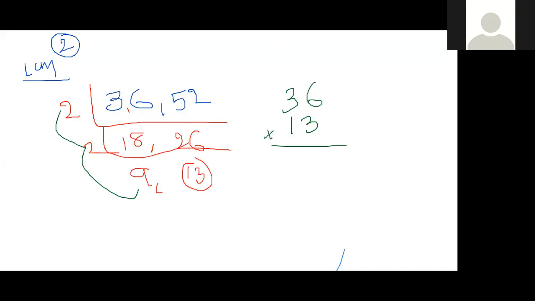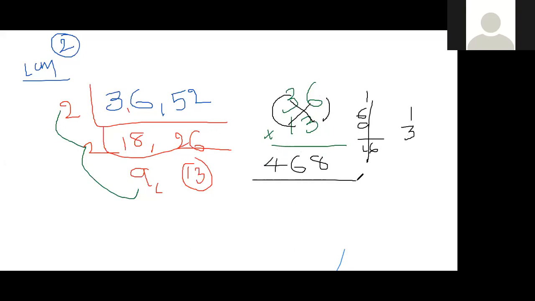See, 6 threes are 18, 1 is carry, and 6 ones are 6, 3 threes are 9. This is 10 plus 6, 16. 6 is the answer here, and 1 is carry. The next, the third step, 3 ones are 3. 3 plus 1 is how much? 4. That's the answer. The LCM of these numbers is how much? 468 is the LCM of 36 and 52.